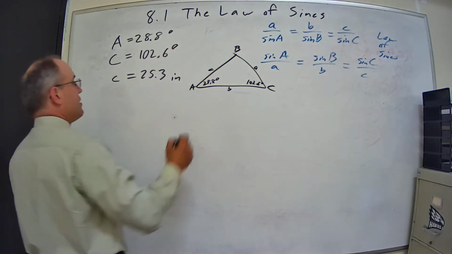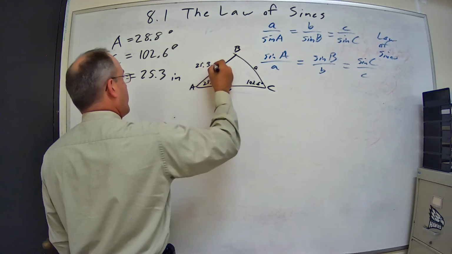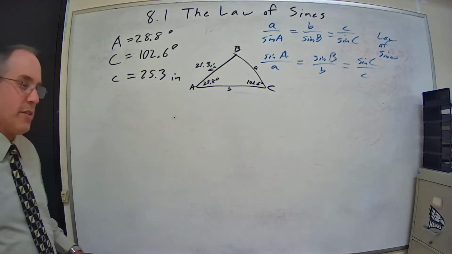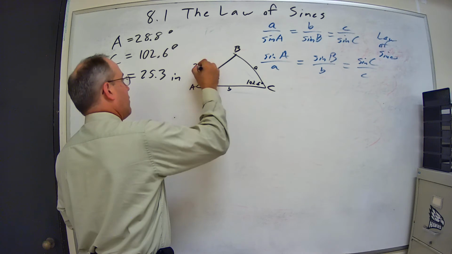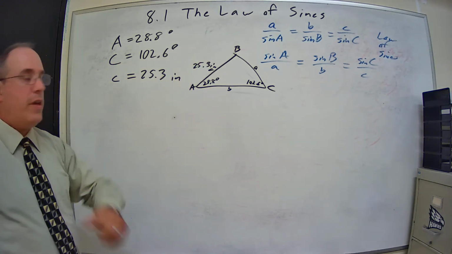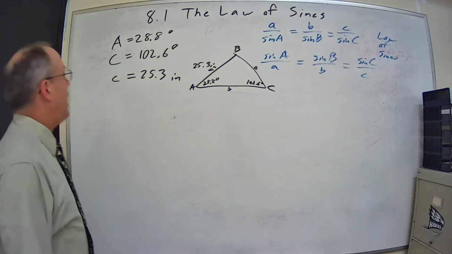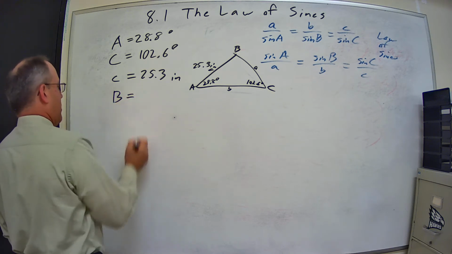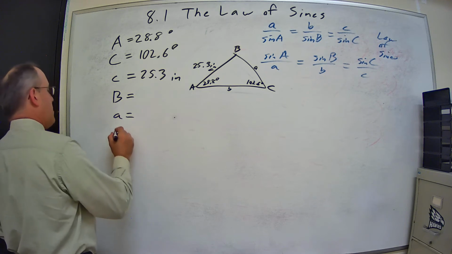And side C is 25.3 inches. So now we have this. Now what do I need to find? I need to find angle B, side A, and side B.